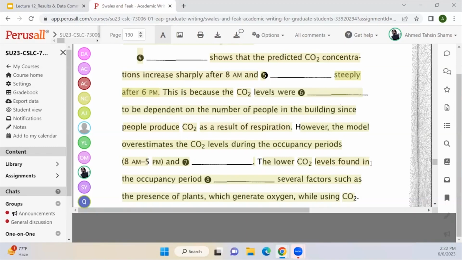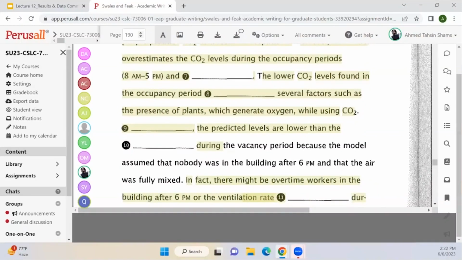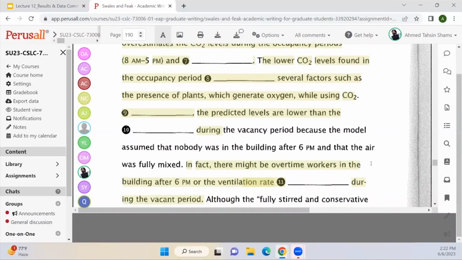This was the only one, maybe quite longer and a little tricky. Number 8. Indicate or suggest.